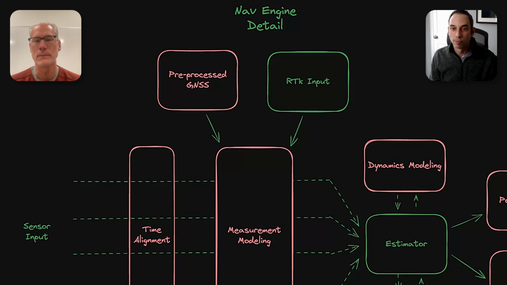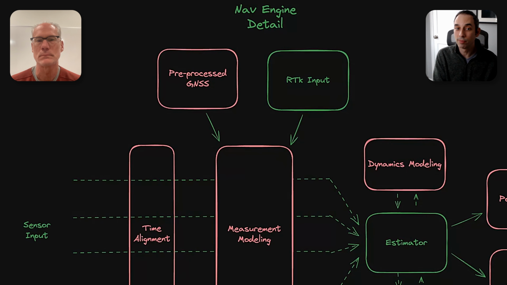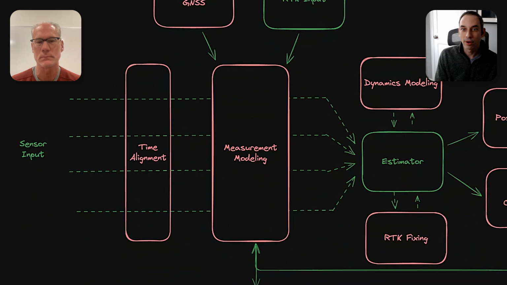And so one of the steps in pre-processing is trying to detect those scenarios so that ahead of time, we can reject those measurements. Because if you don't, you may be in the situation where it's the obvious 10th Avenue measurement, but you might also be in the situation, maybe more likely, where it's the 2nd Avenue measurement. And so if you can detect that with other means ahead of time, then when you get to measurement modeling, you go, oh, you know what? That measurement, I know it's not that good. I'm not even going to try to use it.